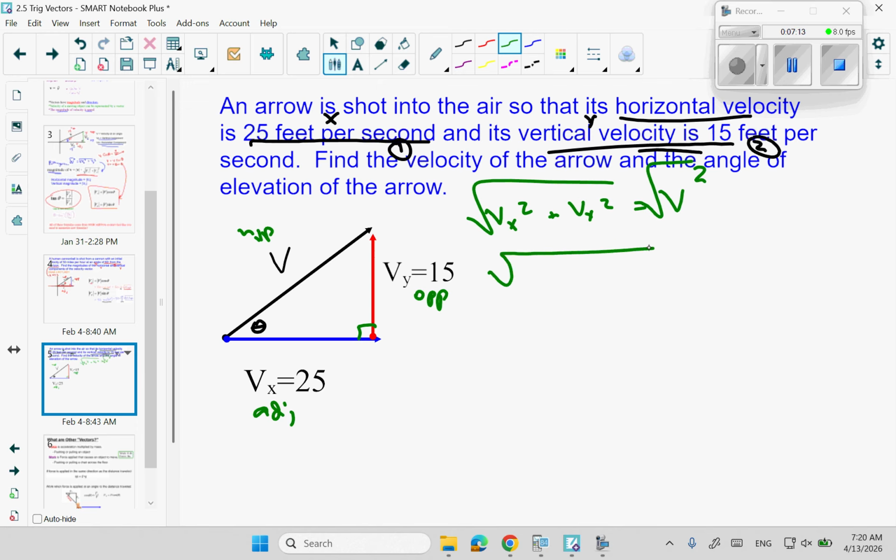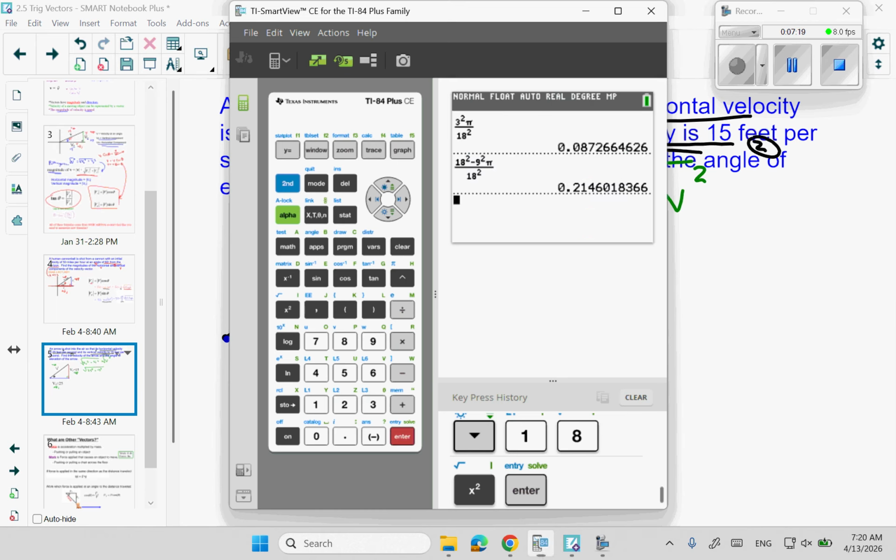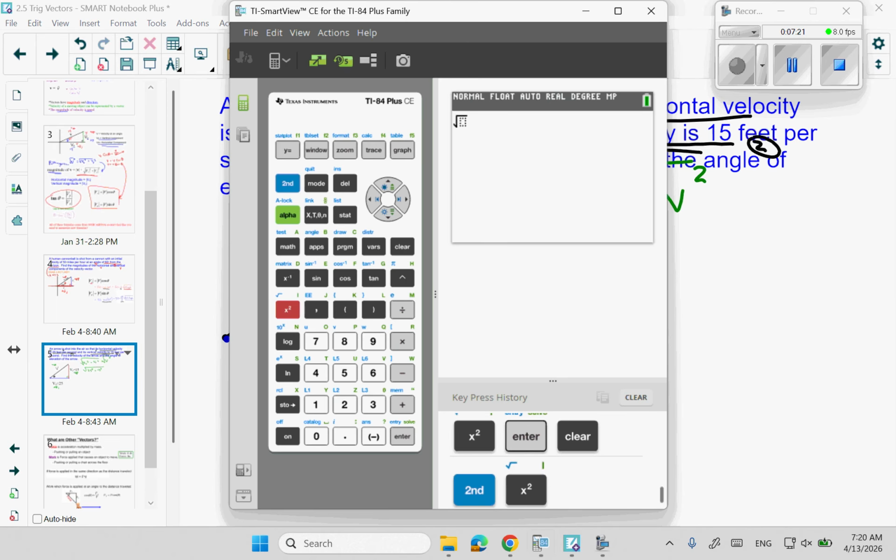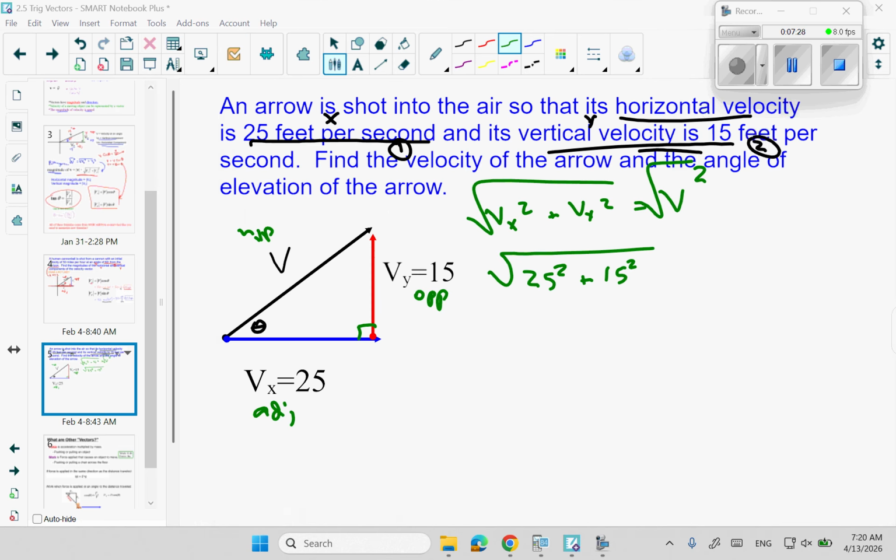So we're going to get the square root of 25 squared plus 15 squared. So we get v is about 29.2 feet per second.